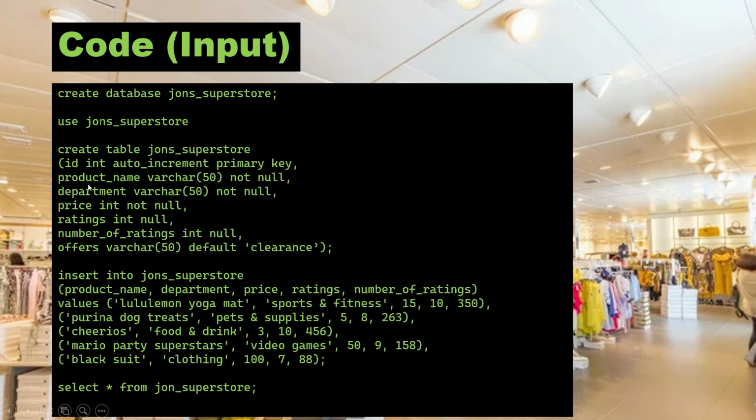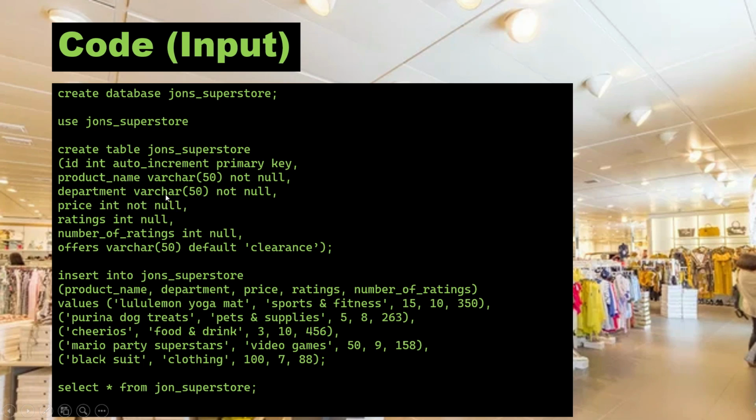Then the product name, obviously, at any retail store they have a name, and VARCHAR is the length. NOT NULL here is telling the computer you should have something listed. It's mandatory. Same for the department and the price.